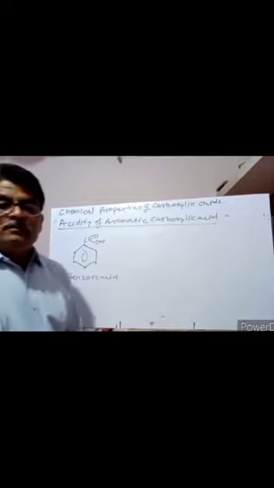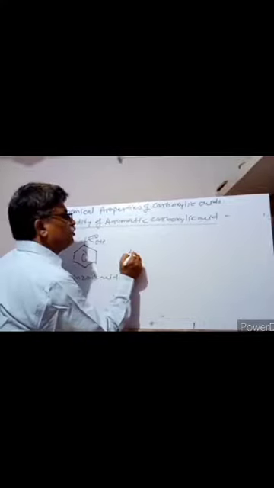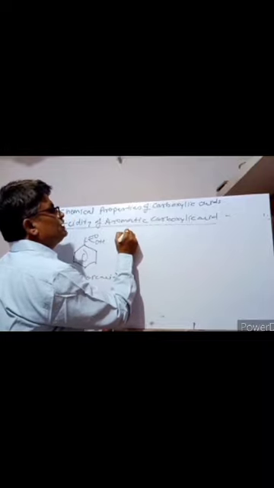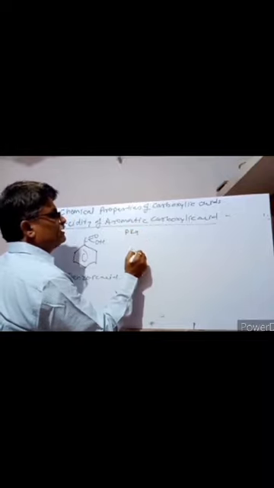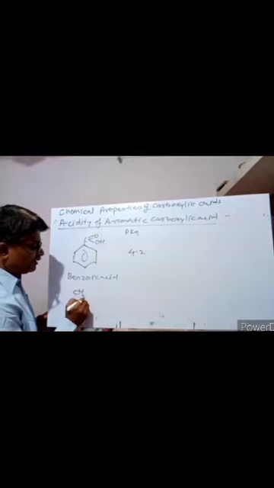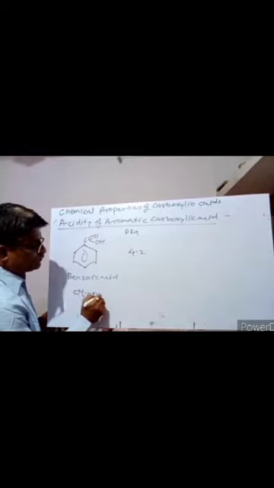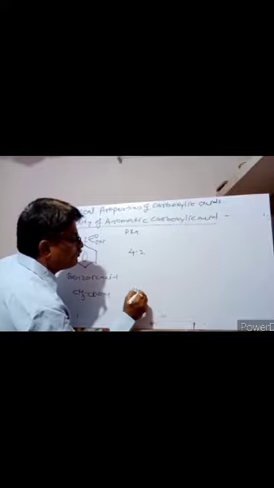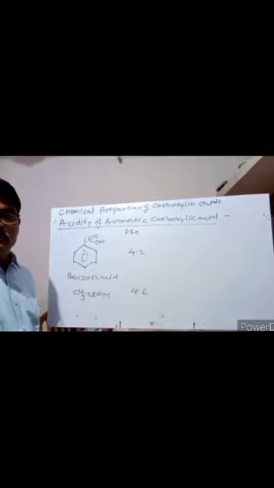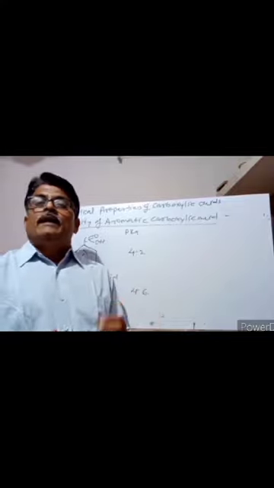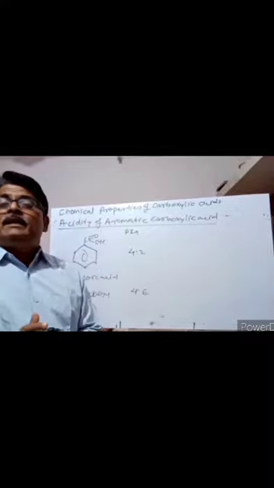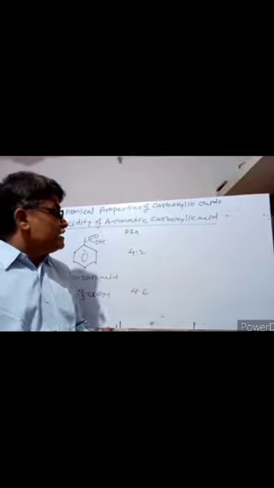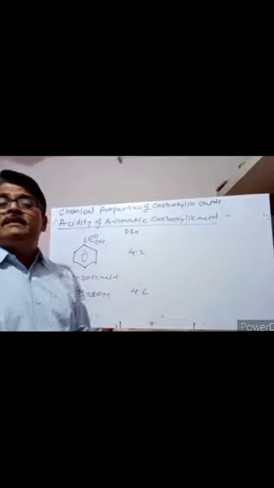As we see, the pKa value of benzoic acid is 4.2, while that of acetic acid is 4.6.